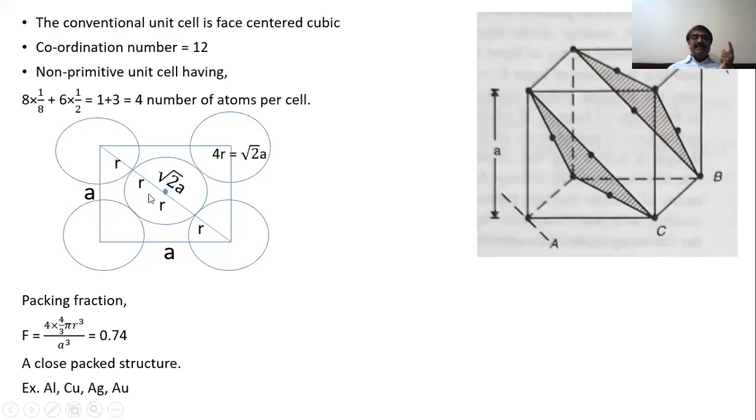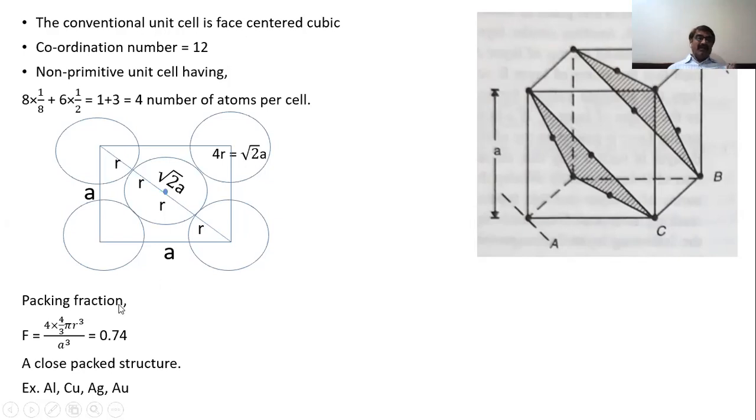So how many radii are there? 4. So 4r is equal to root 2a. If the side is a, applying the Pythagoras theorem, a square plus a square, 2a square. So its length is root 2a. So root 2a is equal to 4r. This is the important equation.